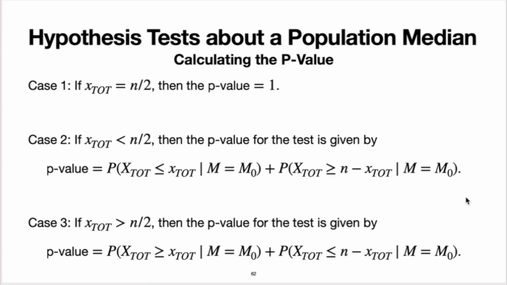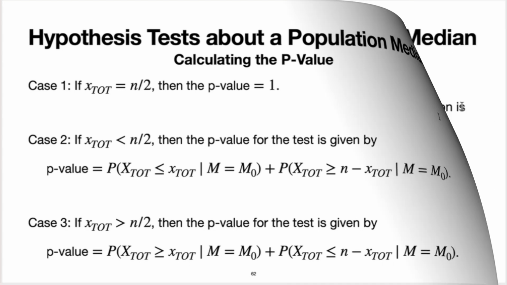So these are very similar formulas. They depend on whether X_tot is less than the mean of the sampling distribution of X_tot or greater than the mean of the sampling distribution of X_tot under the conditions of the null hypothesis. So there's a little more work to do here. We have to be a little more careful. There are these cases to consider, but it's still not that difficult.